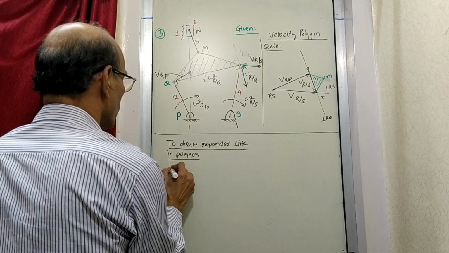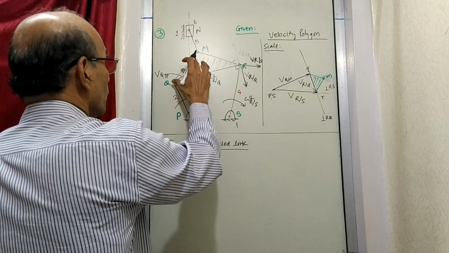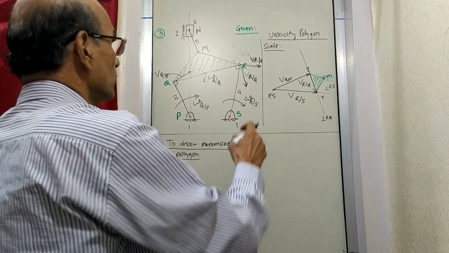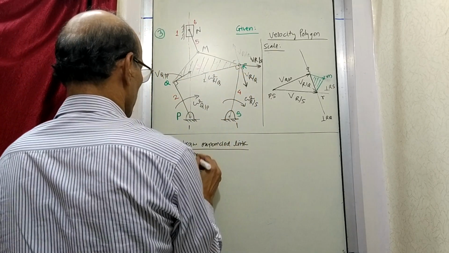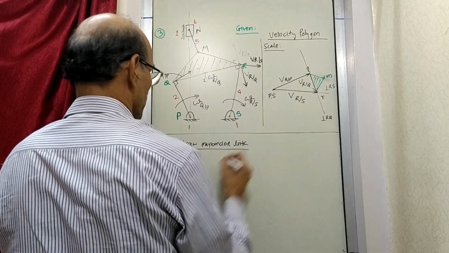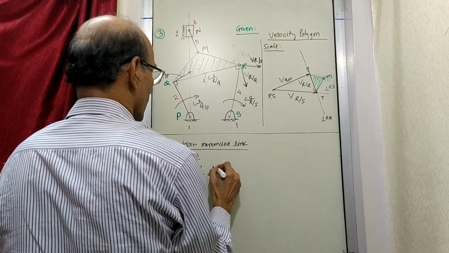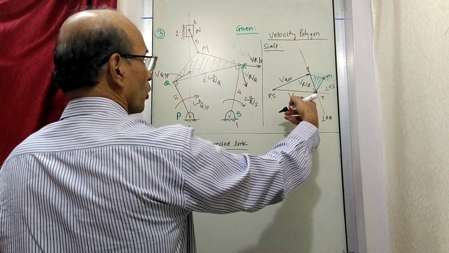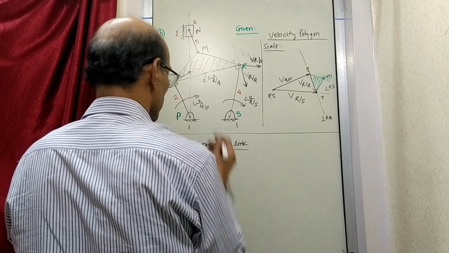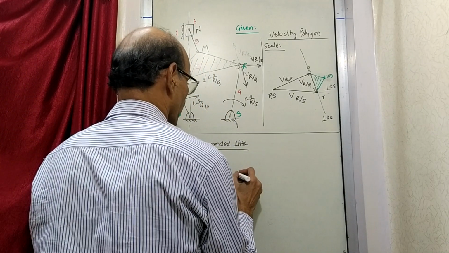So MQ upon small m small q, this proportion will be same as the initial proportion, that means QR upon the QR here, and this is same as MR upon small mr, this one. So with this you can find out point M. So we are right here, find point M.